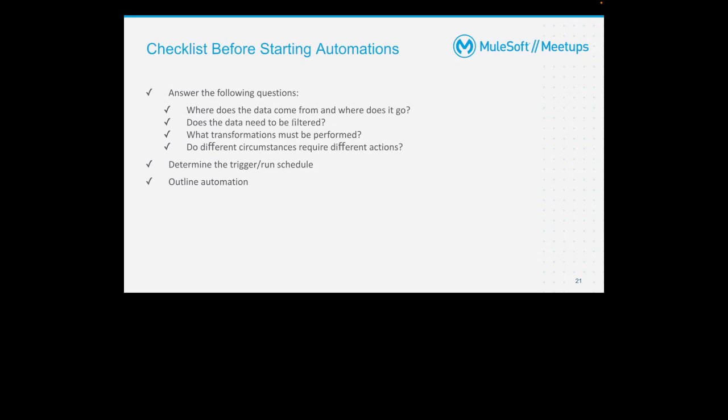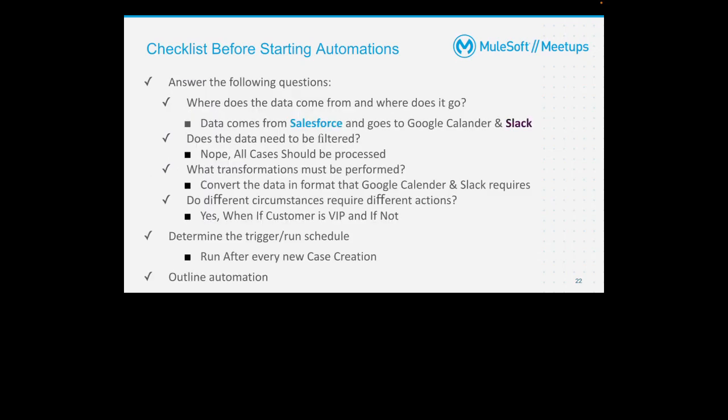So starting with your questions: where does the data come from and where does it go? Currently, when I create a case in Salesforce, it goes to Google Calendar and Slack, right? Then second question, does the data need to be filtered? No, because right now I want to concentrate on all the cases, and then based upon the VIP statuses, I would reroute inside my Composer flow rather than creating a dedicated flow.